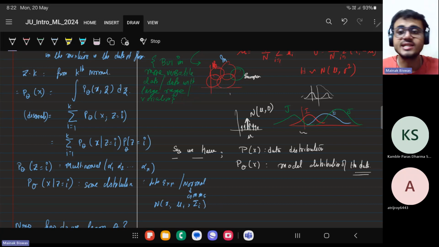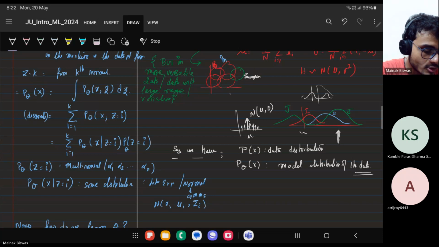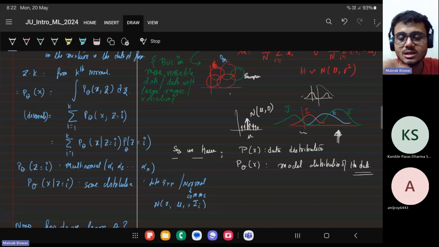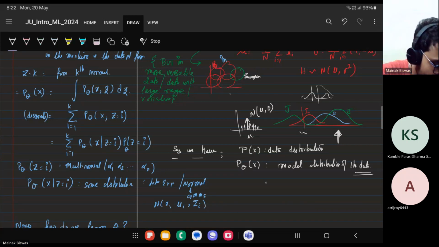But I tell you, you see from the above Gaussian case that a single Gaussian or a single distribution is not enough to model this. Do you agree? I would have to model it by multiple Gaussians, a mixture of similar distributions.